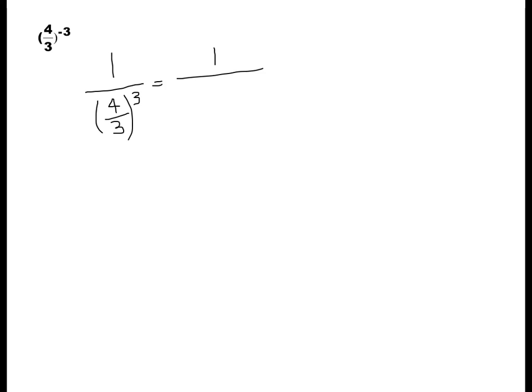You just write 4 over 3 times 4 over 3 times 4 over 3. Now, when you multiply fractions, you just multiply the numerators over the product of the denominators. Now, 4 times 4 times 4 is 64. 3 times 3 times 3 is 27.